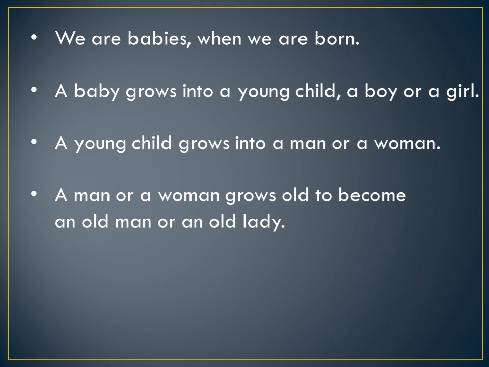Okay, then children, now you are small, you will be growing up, you will become a young man or a woman, and then you will also get older and older and older, and then you will be an old man or an old lady. So this happens with everyone. This is the cycle. This is called a cycle. We all have to go through this.